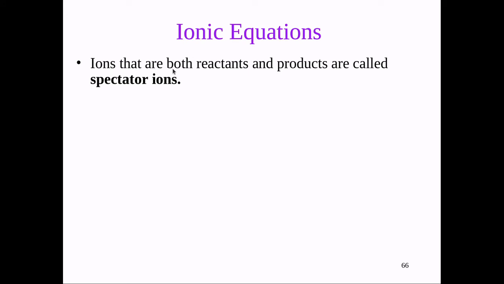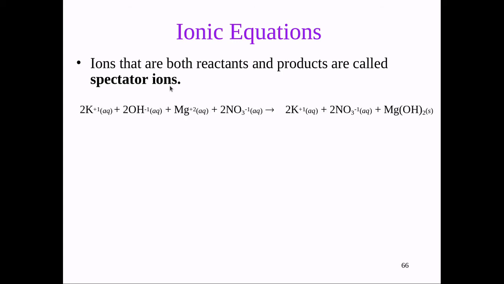So ions that are both reactants and products are called spectator ions. Let me show you what I mean. If we go back to that same equation, you can notice that our potassium ions appear on both sides of the equation. And so too do our nitrate ions.